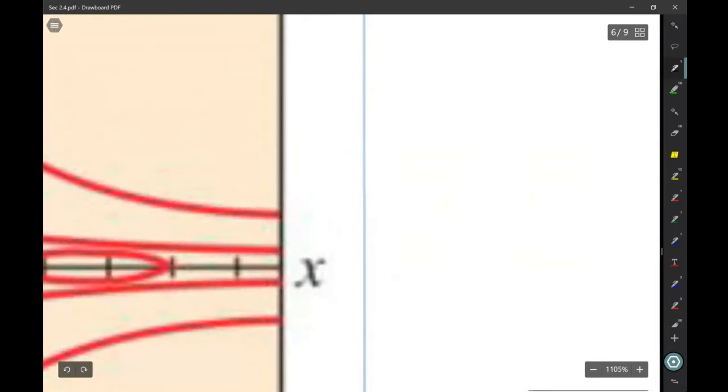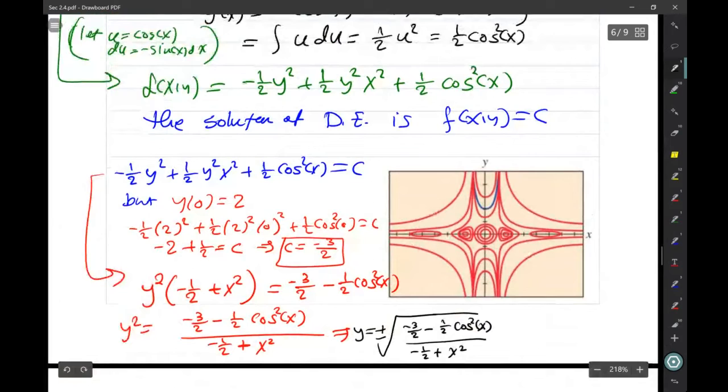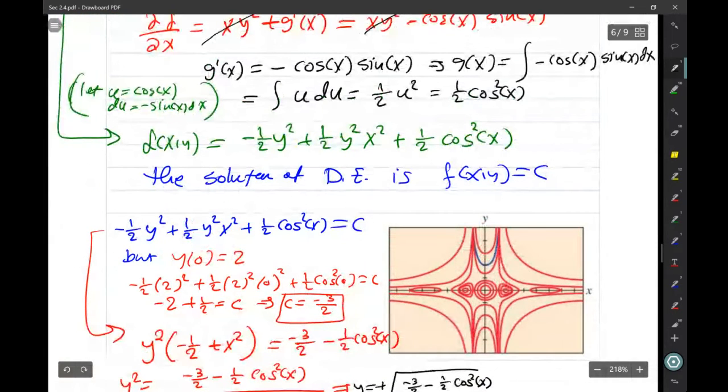But have a look here. In your initial condition, how much is the value of y? The value of y is 2, which is greater than 0.